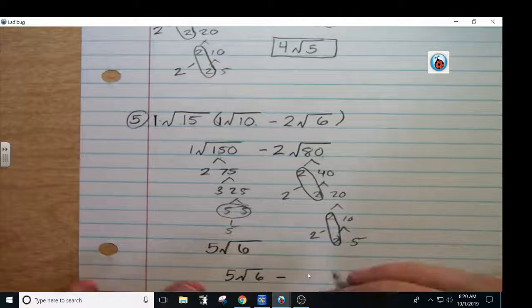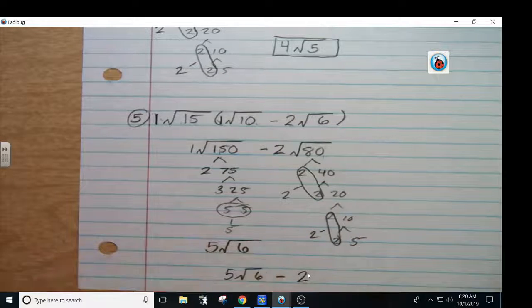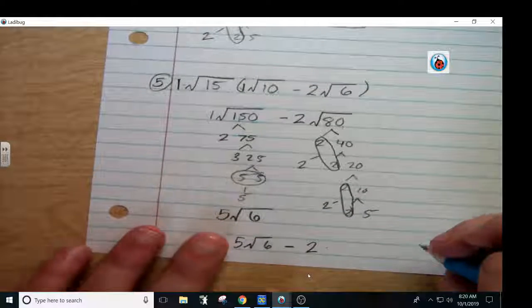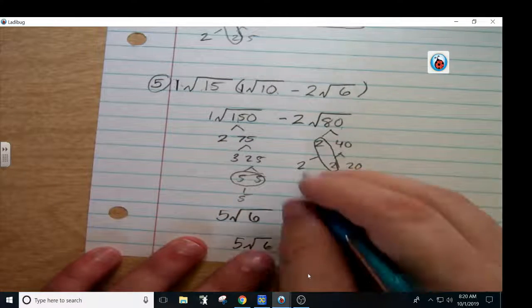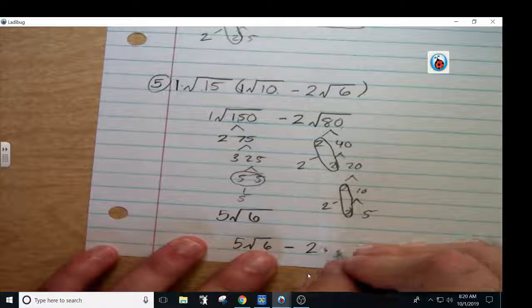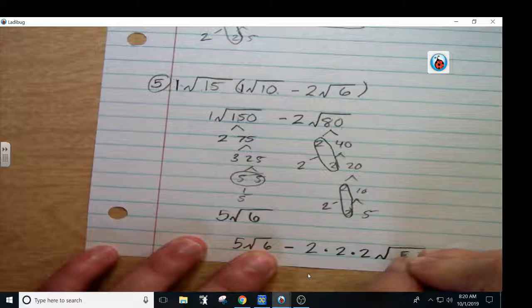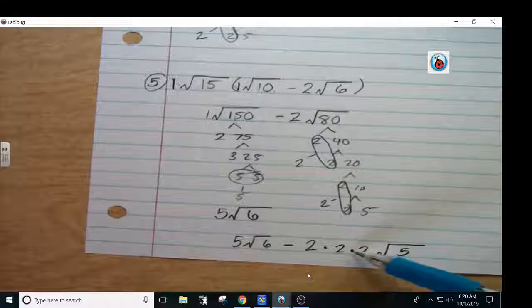So write your negative 2 that you already have. Bring that negative 2 down, and then you're going to bring the ones that you circled on the outside. Guys, remember, these 2s, I brought those down here.